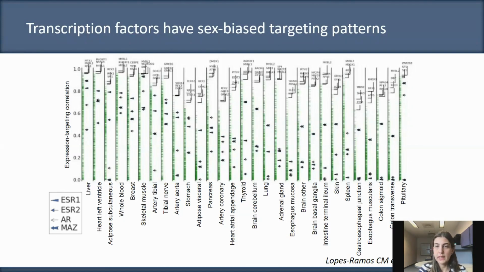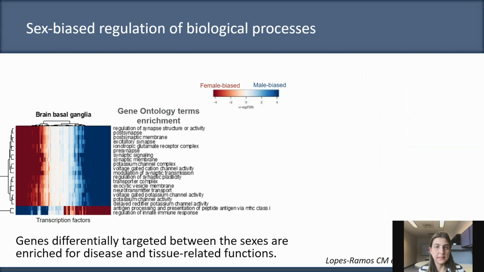So we looked next at the pathways that these regulations were impacting. And so we performed a gene ontology enrichment analysis. Here I'm showing the example in brain. What we found in brain is that a lot of pathways important for brain function, such as the regulation of synapse and neurotransmitter transport, are enriched for genes that are being targeted by different sets of transcription factors in males and females.